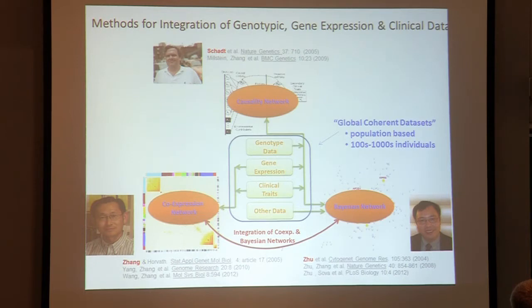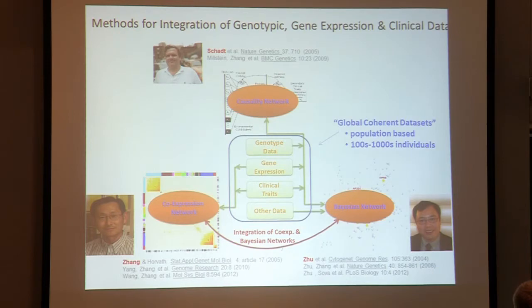That was a very good chance for me to figure out how to better integrate those different types of networks. Each type of network has its own advantages, but also its own disadvantages. For example, the causality network deals only with pairwise components like gene and trait, and the co-expression network does not tell you the causal direction.